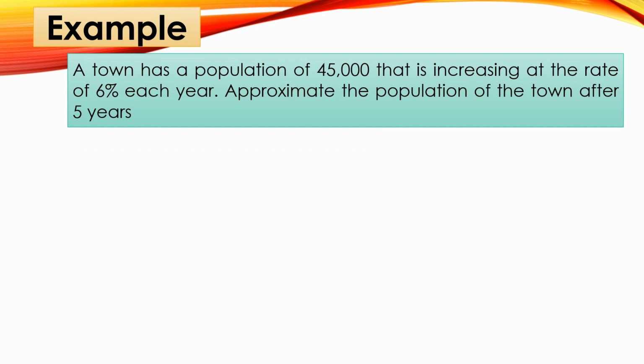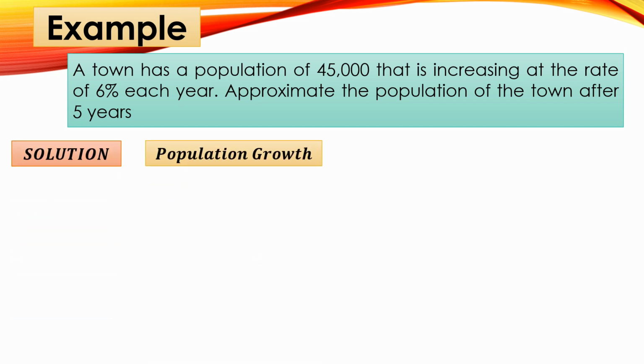Another, a town has a population of 45,000 that is increasing at the rate of 6% each year. Approximate the population of the town after 5 years. So, ilan na kaya yung magiging population ng town after 5 years? So, kung mapapansin nyo, this is an example of population growth.